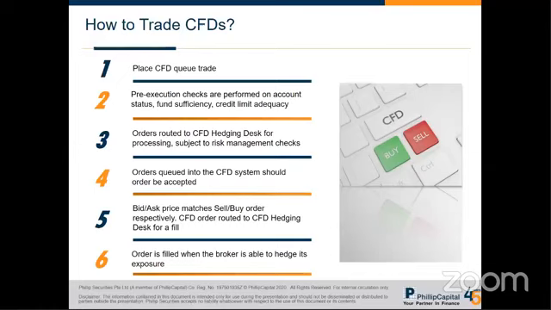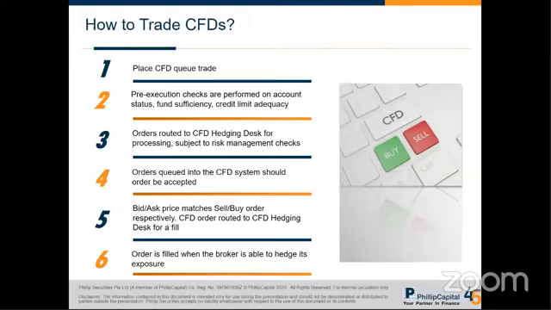So how are these CFD orders being filled? You place your CFD trade based on the ask price and the bid price. All the pre-execution checks are performed on your account, such as fund sufficiency, credit limit, and account status. Your orders for normal CFD will be routed to the CFD hedging and market making team for processing, subject to risk management checks.